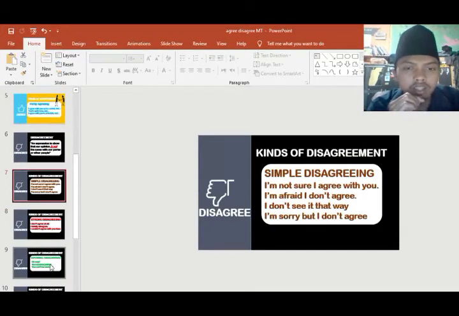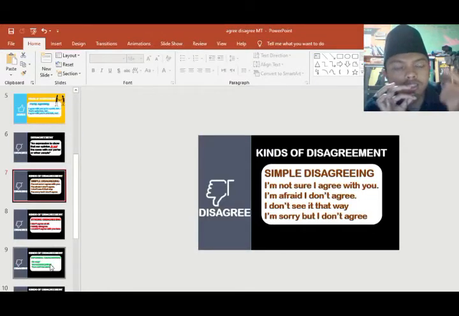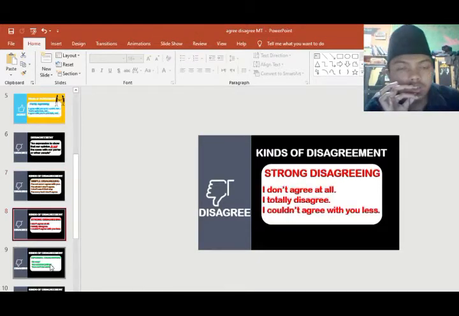You can say "I'm not sure I agree with you," or "I don't see it that way," or "I'm afraid I don't agree." So when you disagree with someone's opinion, you can use these expressions. That's simple disagreeing. Next, strong disagreeing. It means when you really disagree with someone's opinion.